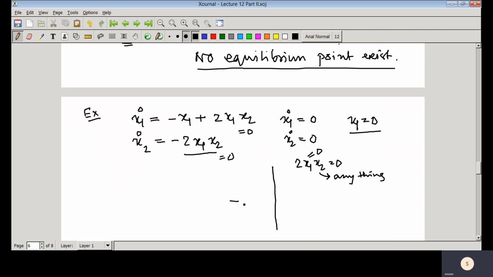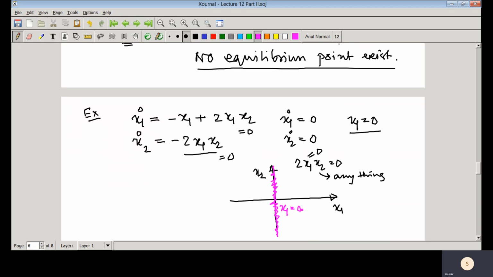So whenever you draw the two axes, one is the x1 axis, another one is the x2 axis, you can see here that this is the axis where x1 equal to 0.